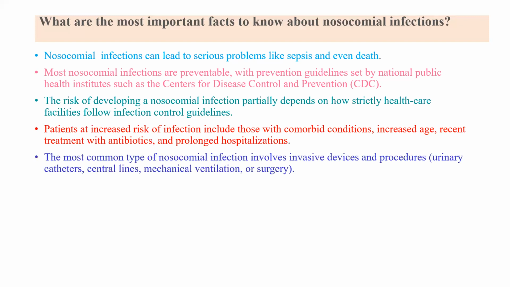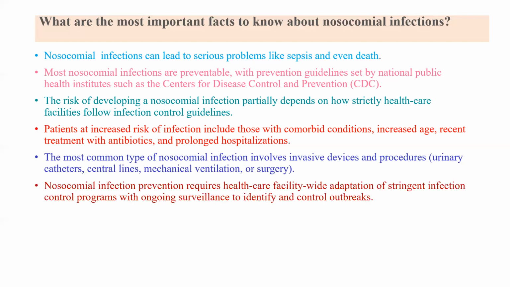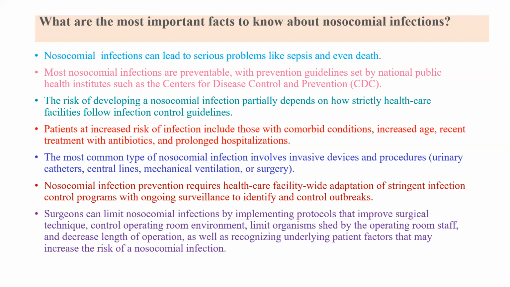The most common type of nosocomial infection involves invasive devices and procedures like urinary catheters, central lines, mechanical ventilation, or surgery. Nosocomial infection prevention requires healthcare facility-wide adoption of stringent infection control programs, with ongoing surveillance to identify and control outbreaks.